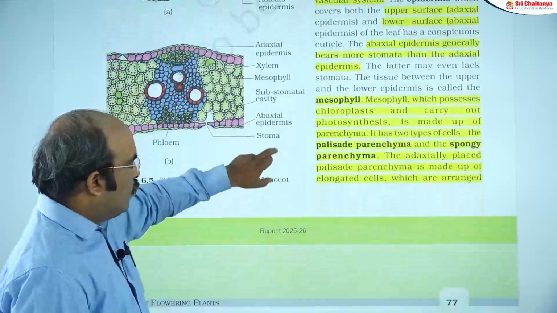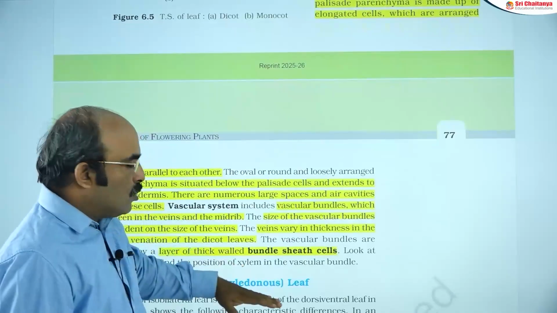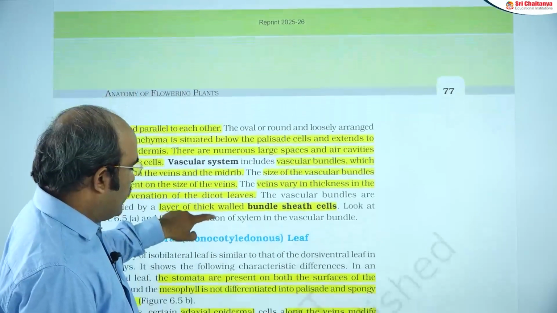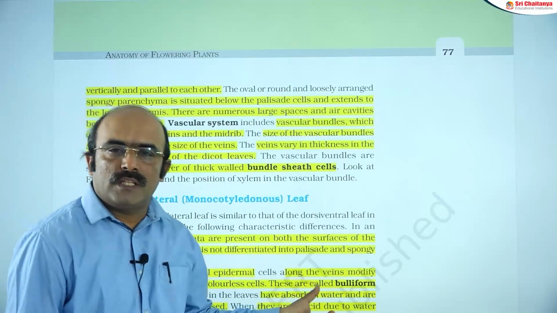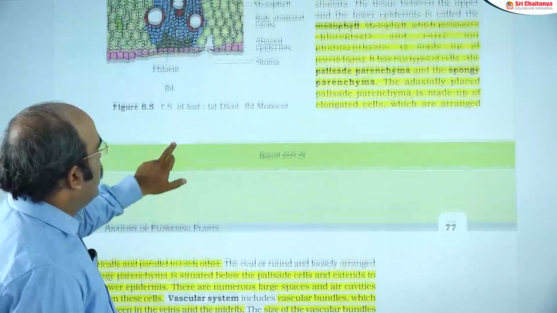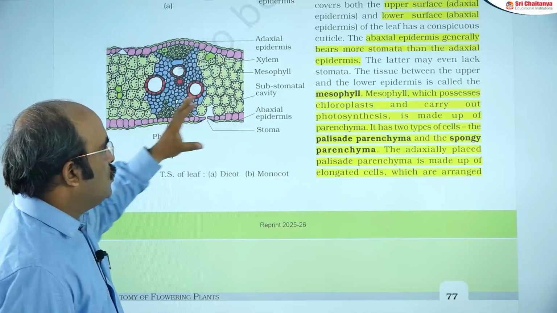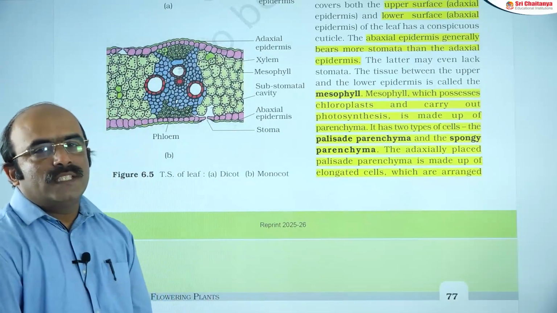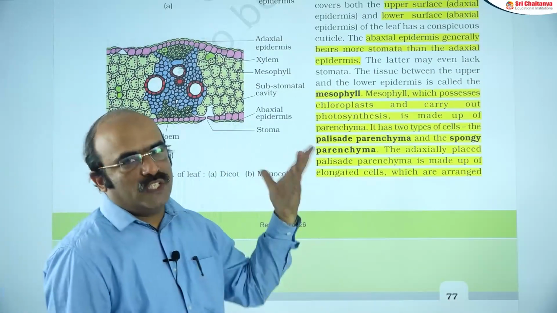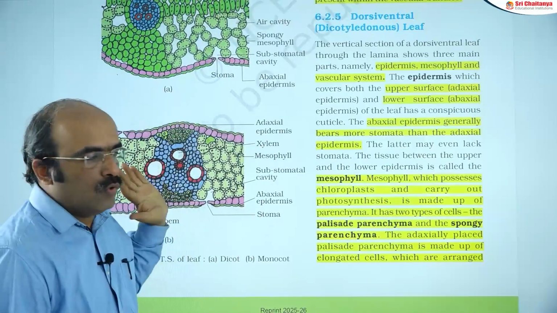In the case of the monocot leaf, you don't find a clear differentiation of the mesophyll, because in monocot leaf you will be finding either palisade parenchyma or spongy parenchyma. So you cannot differentiate the mesophyll as palisade or spongy. So mesophyll is well differentiated in the case of dicot leaf, but not in monocot leaf.